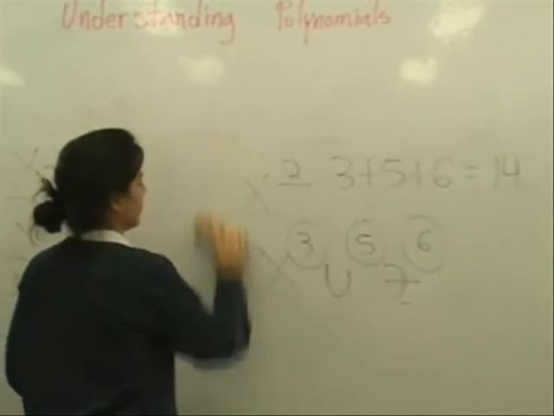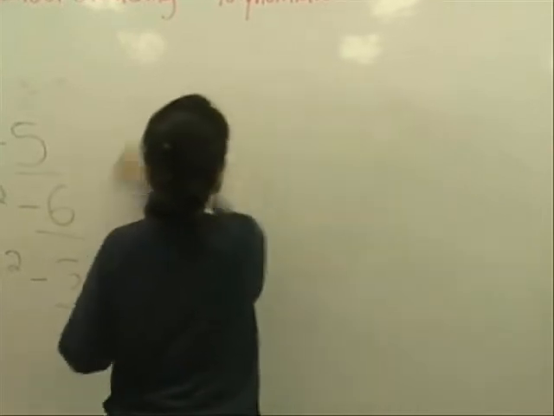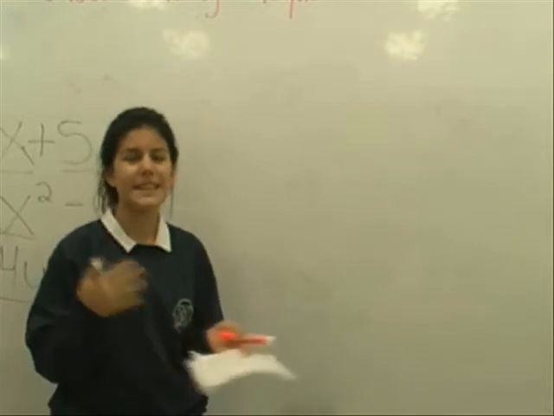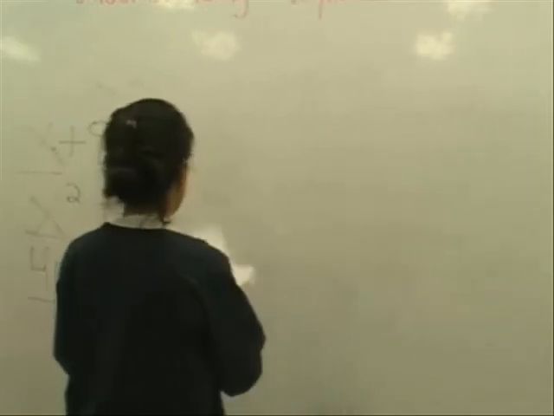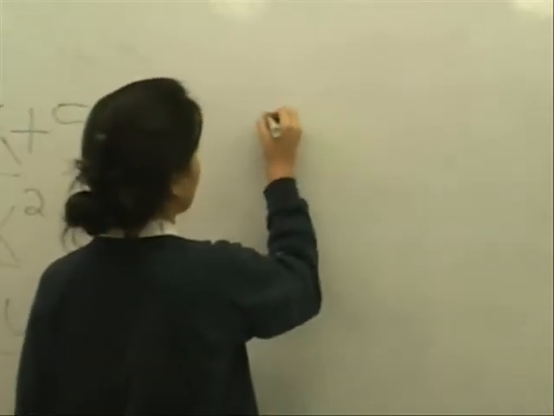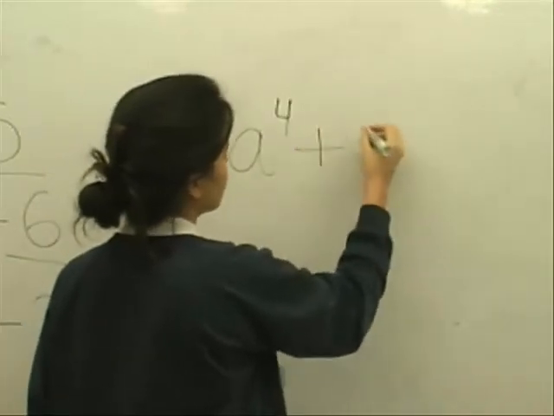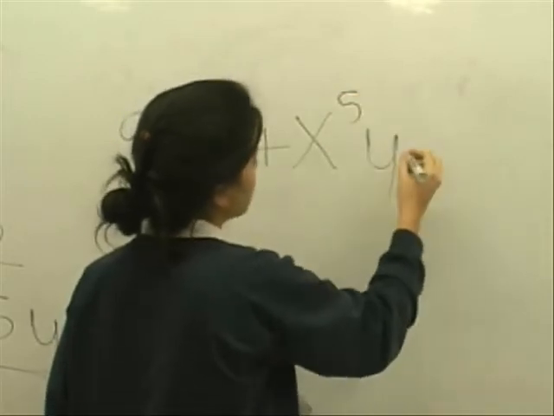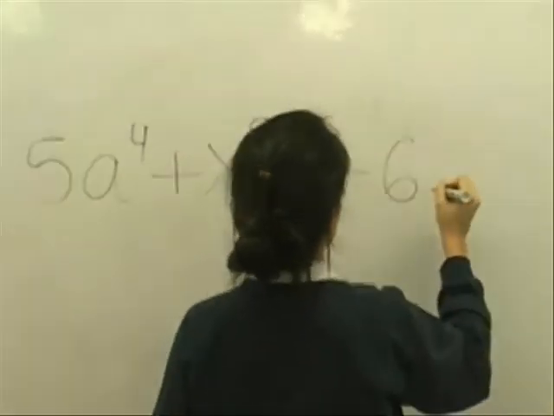And the degree of a polynomial is the highest degree of a term. So in this polynomial, 5a to the power of 4 plus x to the power of 5, y to the power of 5 minus 6x.